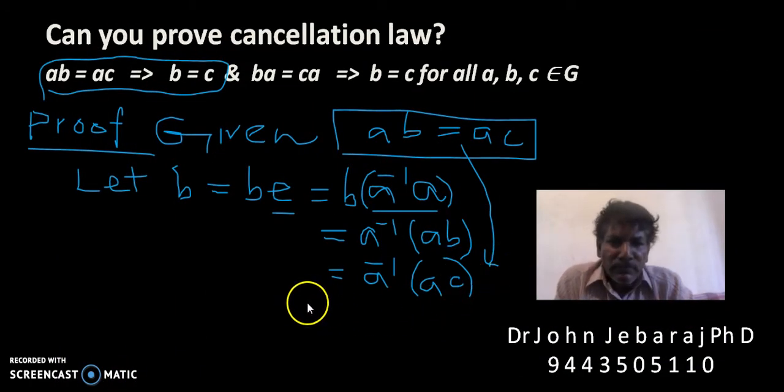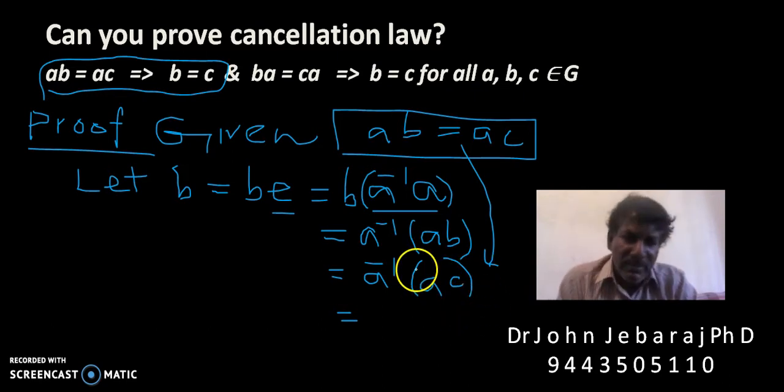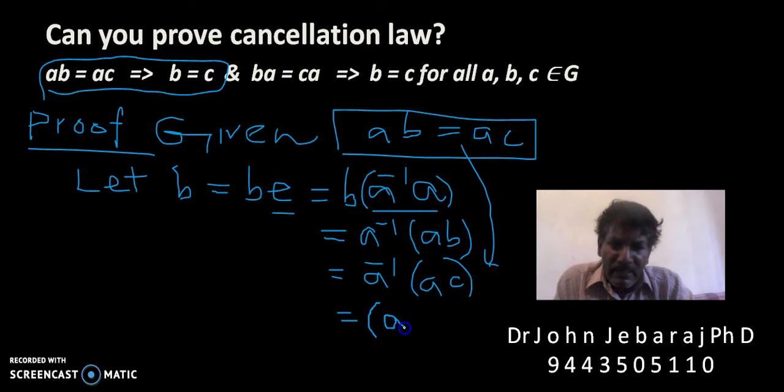Now the next step: we have substituted AB equals AC. Again, I'm associating in a different way, that is A inverse into A, then into C, because the associative property is valid in any group, so we can associate any way that we want.